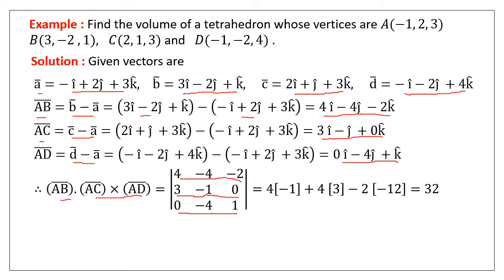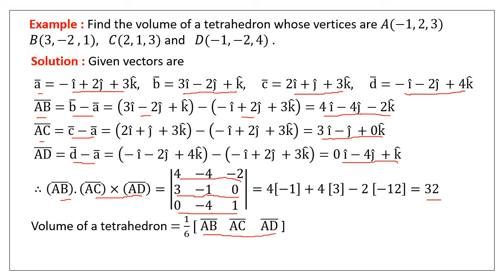Solving this determinant, we get 32. But we have to find the volume of the tetrahedron, which equals 1 by 6 box product AB bar, AC bar and AD bar, gives us 32 by 6 equals 16 by 3 cubic units.